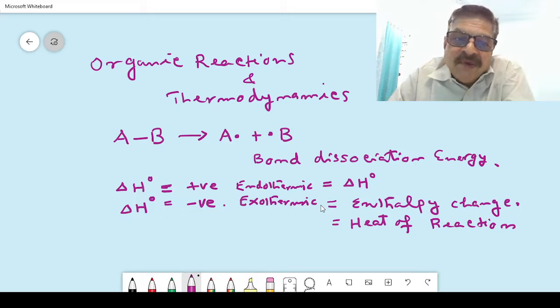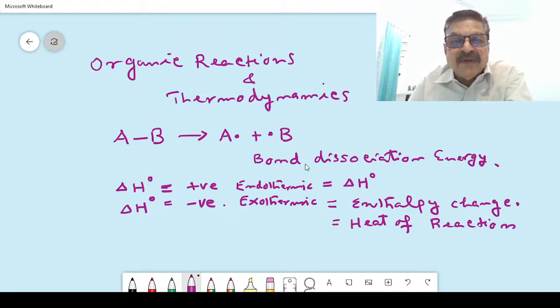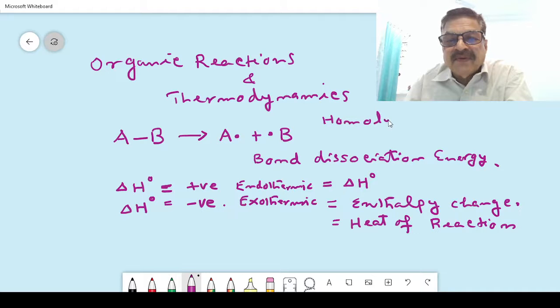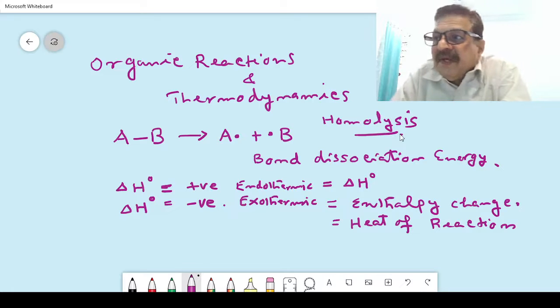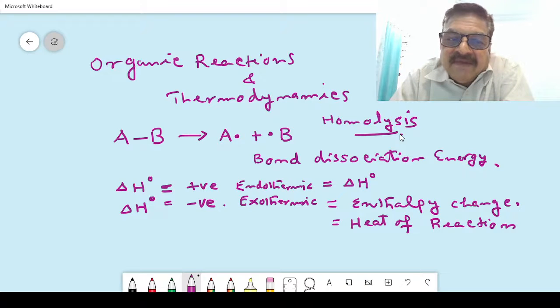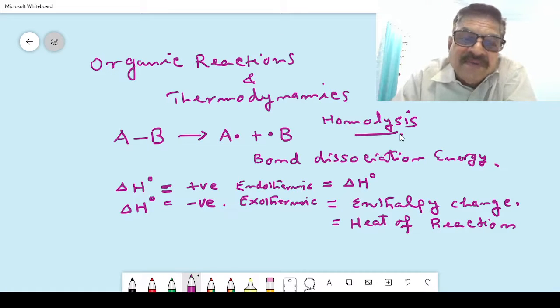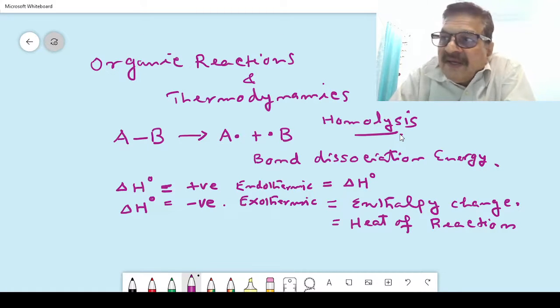Therefore homolysis, the homolytic cleavage, is always endothermic, because for breaking the bond we have to supply energy, that is, delta H is positive. Therefore homolysis is always an endothermic reaction.